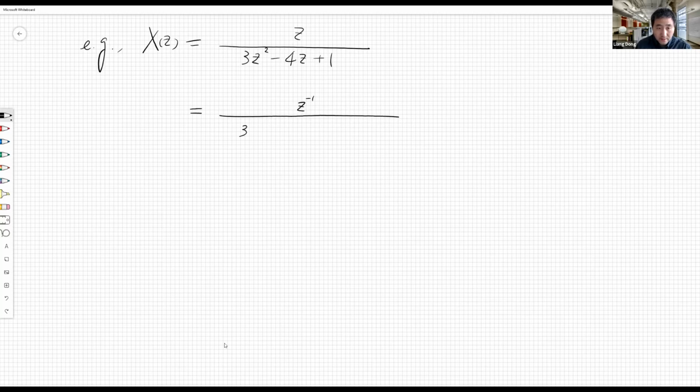The denominator is 3 minus 4 z to the power negative 1 plus z to the power negative 2. Okay? And then conventionally, we want to make the coefficient a0 equal to 1. So that's 1 minus 4 over 3 z to the power negative 1 plus 1 over 3 z to the power negative 2. And then the numerator is 1 over 3 z to the power negative 1.